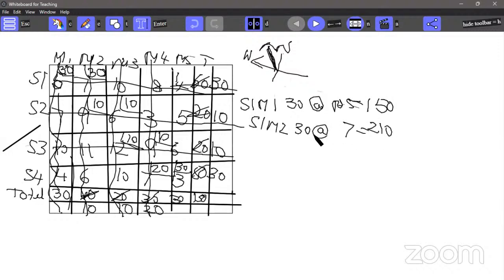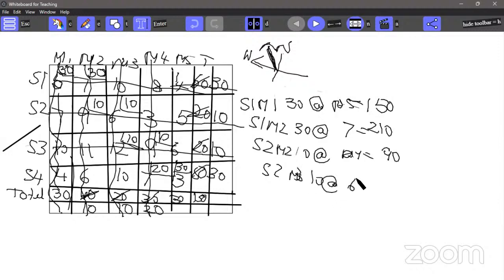Then S2 to M2, you are supplying 10 units at the rate of 9, 90 rupees. Then S2 to M3, you are supplying 10 units at the rate of 60 rupees.